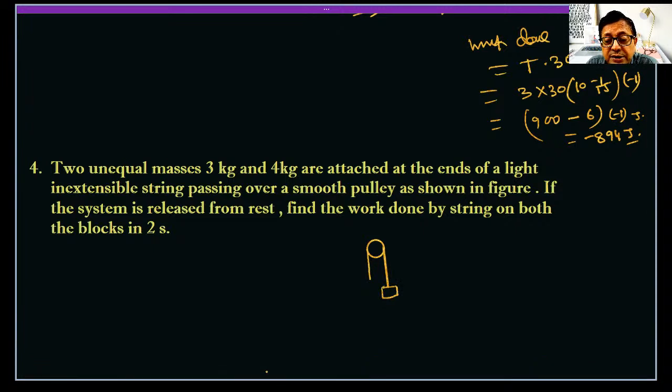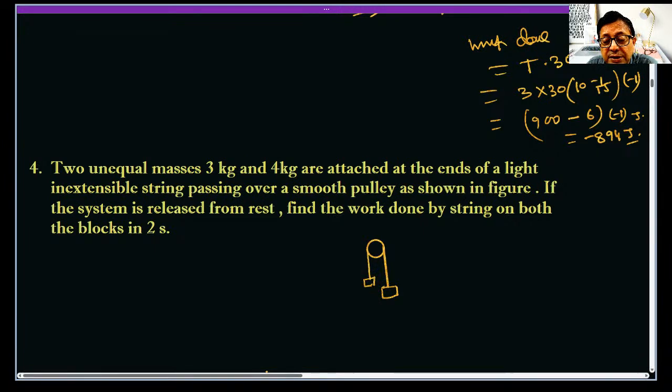Say this one is 3 kg and this one is 4 kg. Now see the question. The system is released from rest. Find the work done by the string on both the blocks in 2 seconds.